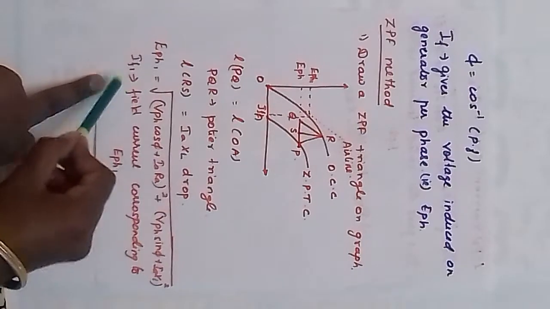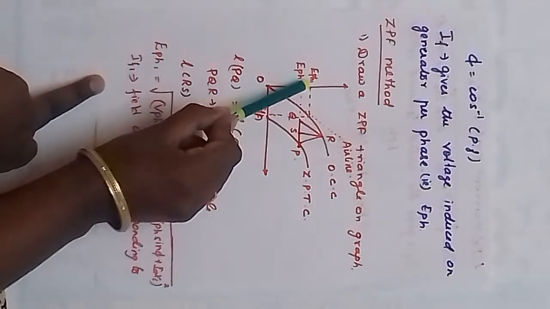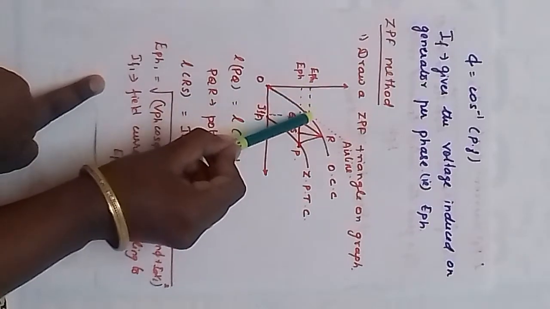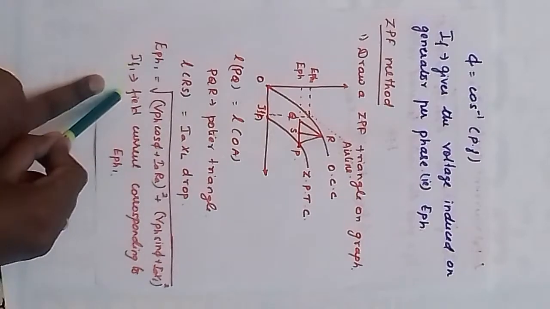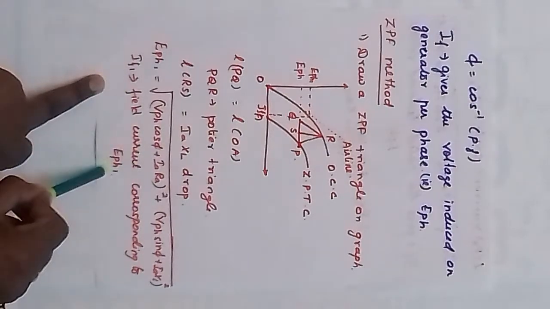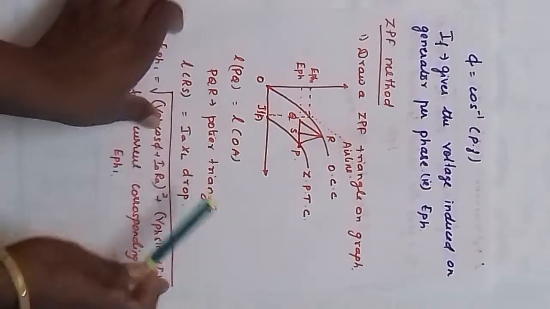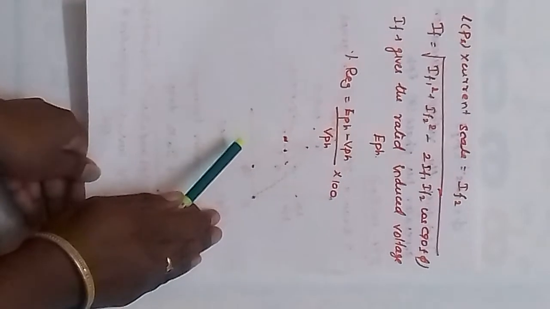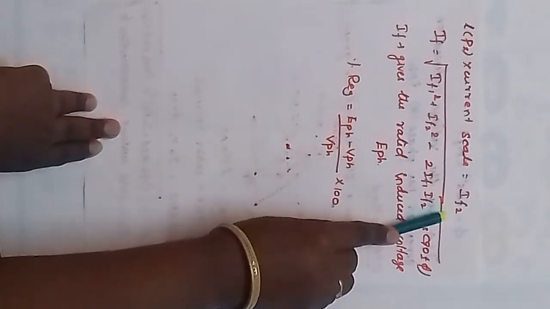Now we are getting the induced EMF, the E phase 1, and this E phase 1 shows the corresponding field current IF1. The IF1 is the field current corresponding to E phase 1. And next is the length of PS. The length of PS into the current scale shows the value of field current IF2.